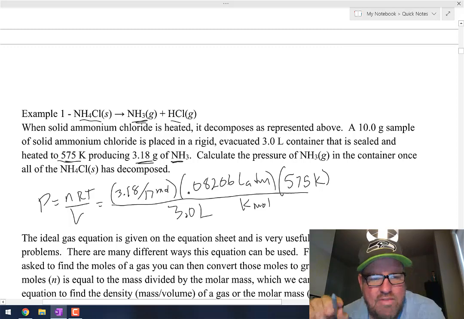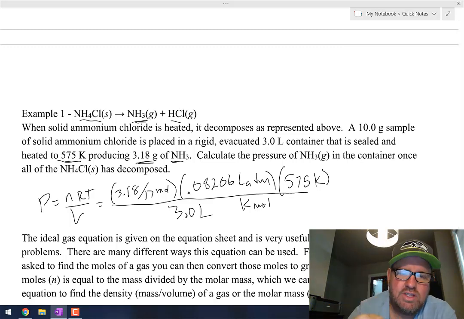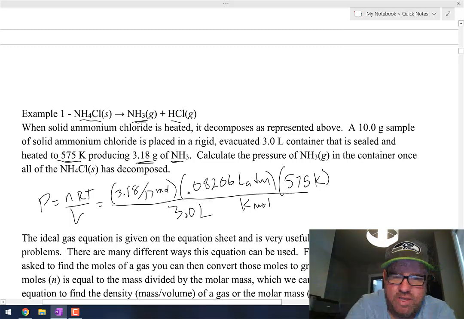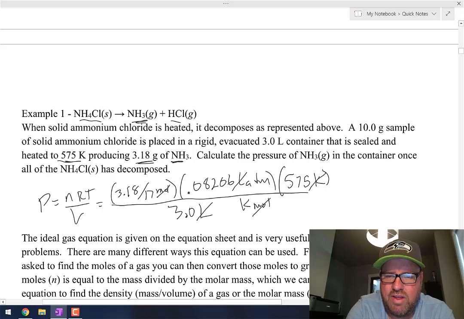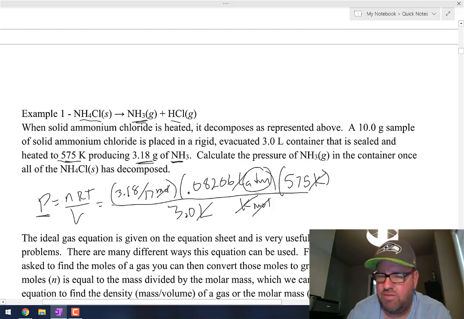Now, if I have this set up correctly, this is a great way to check: cancel your units that can cancel. For example, I have moles on top, I have moles on the bottom, they cancel. I have liters on the bottom, I have liters on the top, they cancel. I have Kelvin on the top, I have Kelvin on the bottom, they cancel. I'm left with the units that the question is asking me for.